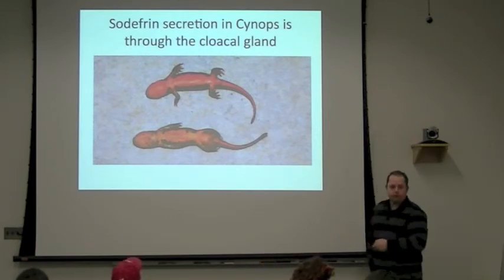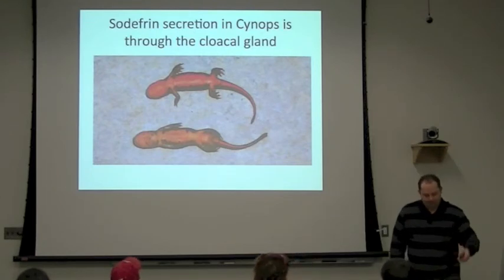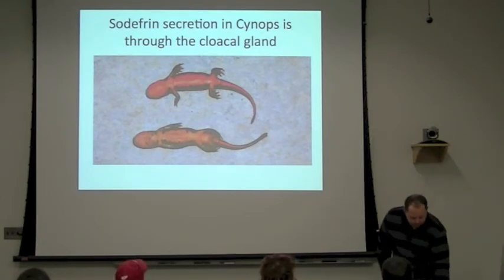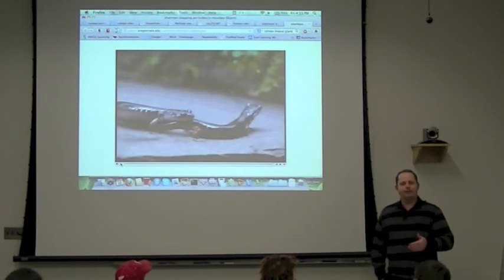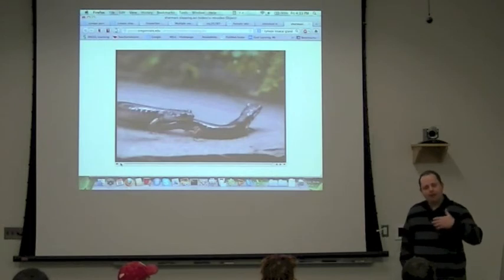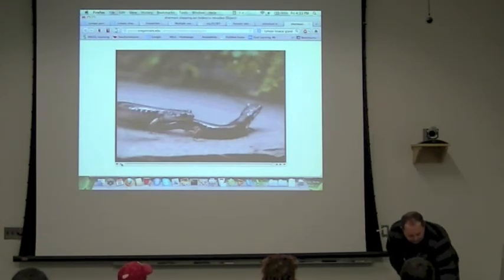It's fairly large, and this is where the three-finger domain is being excreted from. But in plethodons, they have what's called a mental gland, and this is beautifully named because the mental gland occurs on the chin. So I don't know who came up with that, but instead of females going up to the male's cloacal gland, females actually come up closer to the males.